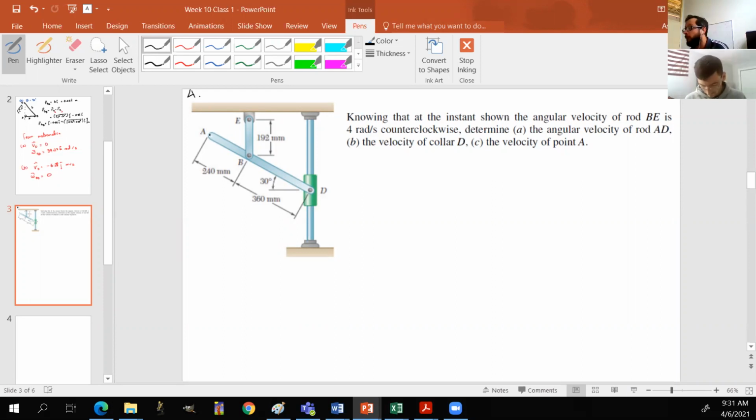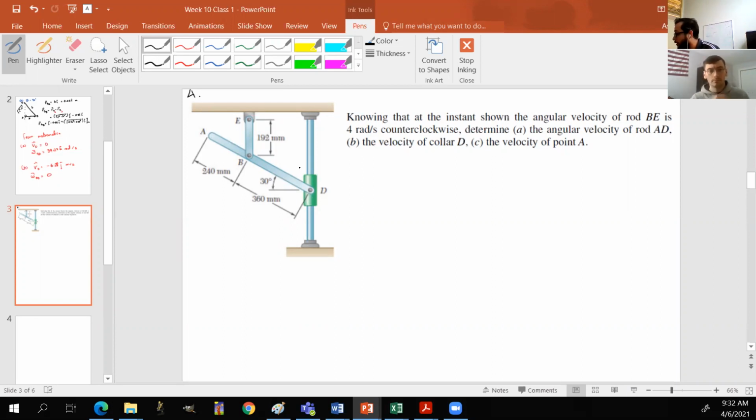So you can do this problem totally just using your relative velocity equations for rigid body motion, right? And this is the way that you should think about doing this. You can look at link EB, find out what VB is, and then just look at VD, right? Because for VD, you know that VD is going to be moving in an up and down direction. So that only gives you one unknown.